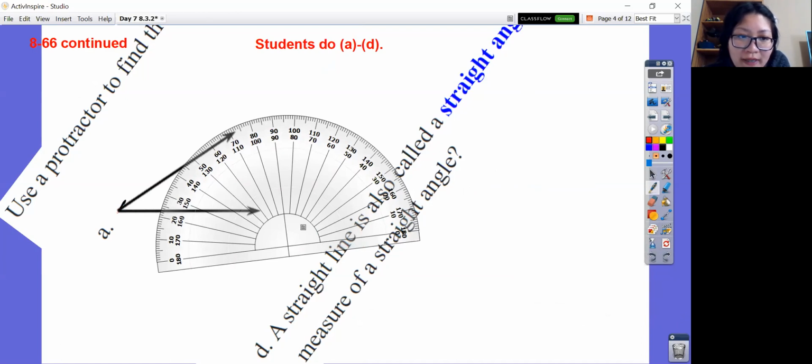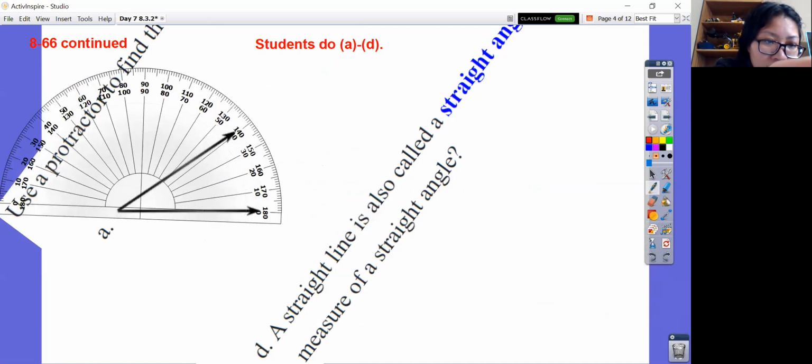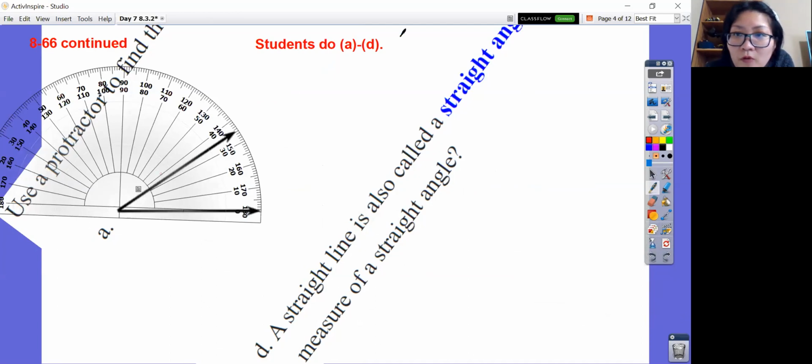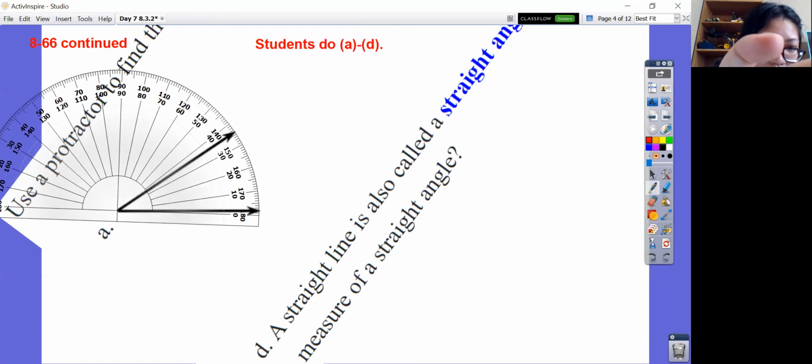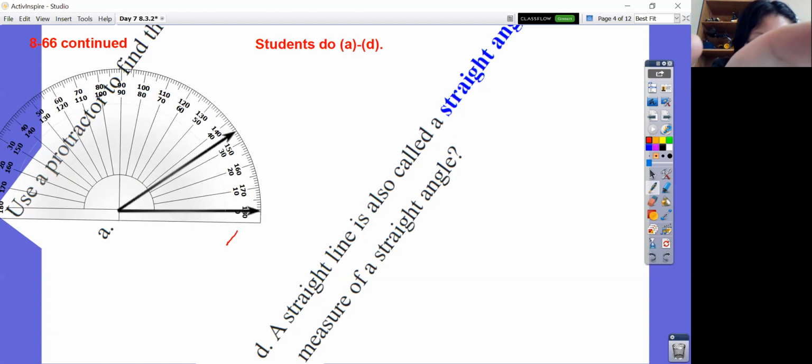So this point right here, the vertex, I match with the center of rotation. Then I will make sure one of the rays matches 0 degrees, 180 degrees.